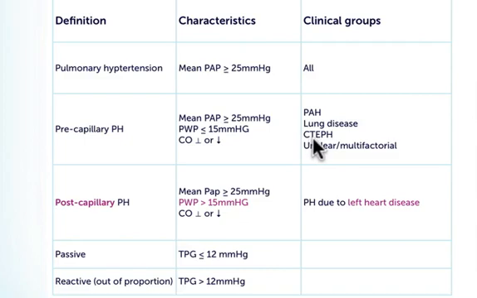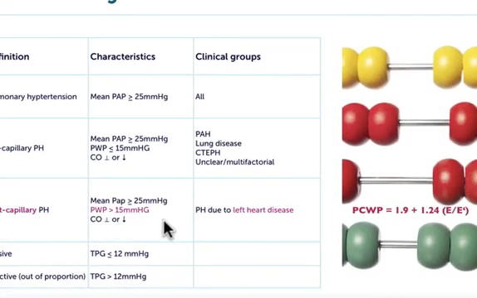The question really is how to assess pulmonary wedge pressure, and you certainly know that you can do it invasively by right heart catheterization, but you can also use echo. And I've shown you, for example, this formula on the right side that gives you an estimate of the wedge pressure using Doppler measurements like E/e', multiplying it by 1.24 and adding it to 1.9.